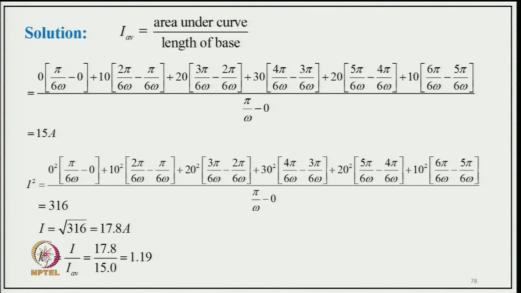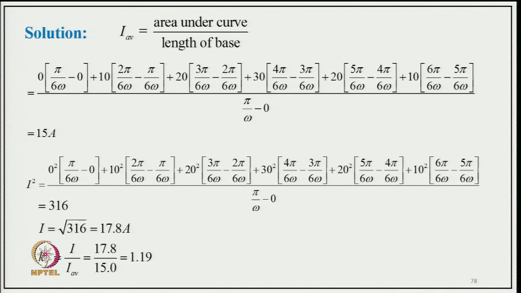Now, similarly, I square equals 0 square × (pi/6ω − 0), plus 10 square × (2pi/6ω − pi/6ω), plus 20 square × (3pi/6ω − 2pi/6ω), plus 30 square × (4pi/6ω − 3pi/6ω), plus 20 square × (5pi/6ω − 4pi/6ω), plus 10 square × (6pi/6ω − 5pi/6ω), divided by (pi/ω).